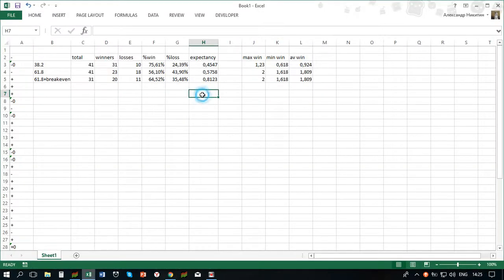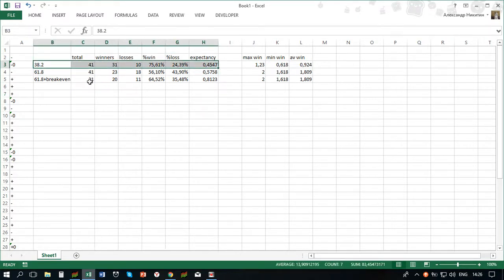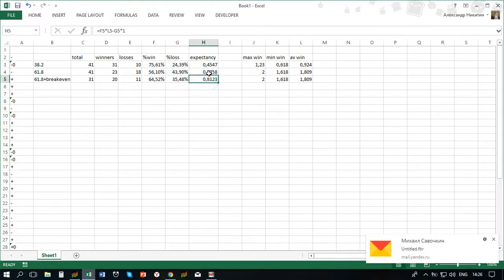Okay, once it is loading, we will continue. The standard rule says that we use two positions. One of them is hitting 382, another one is hitting 618, and when the first one is hit, we should break even on the other. So this means that we have two strategies combined. You see that? The first one is hitting 382 and the second one hitting 618 plus break even.